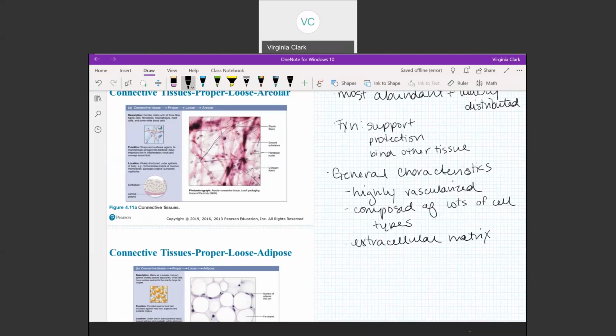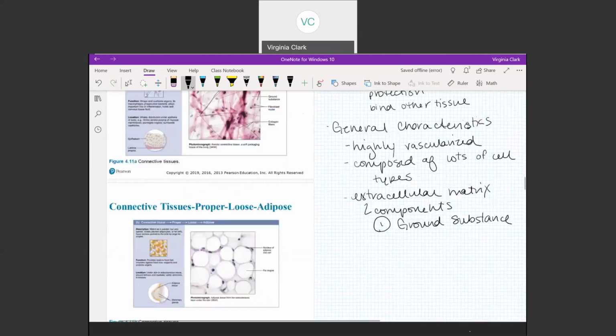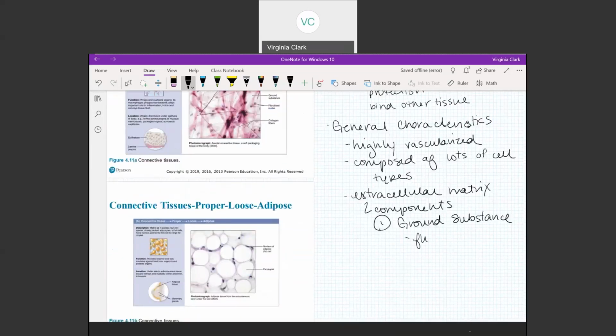It is responsible for strength, and it is going to be found with these two components of our extracellular matrix. All of them will have this. First one will be called ground substance. Now I find this a little tricky because ground substance is actually going to be a fluid. So it's the fluid between the cells.